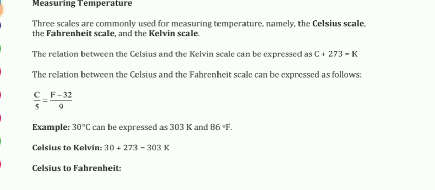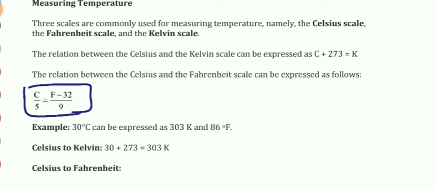Now, this was the relation between Celsius and Kelvin. Now the relation between Celsius and Fahrenheit. So here is the relation: C by 5 equals F minus 32 by 9. So the motive of this concept is what? We can convert the temperature of a body from one scale to another scale, right?